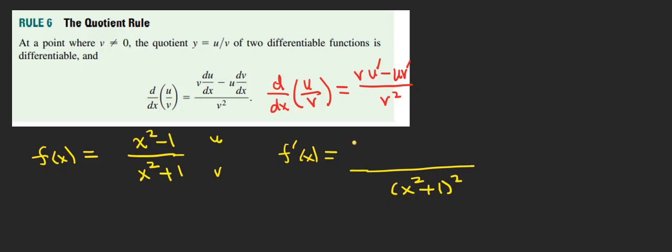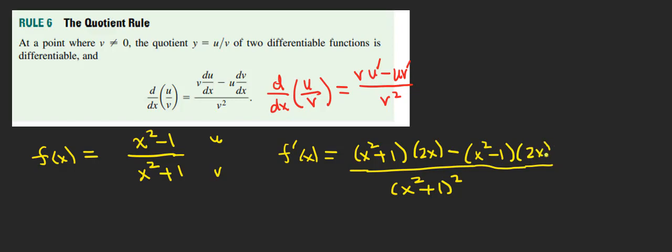It's going to be denominator v, x squared plus 1, times the derivative of the numerator u, which is 2x. Then minus the numerator, which is u, x squared minus 1, times the derivative of the denominator, v, so 2x.